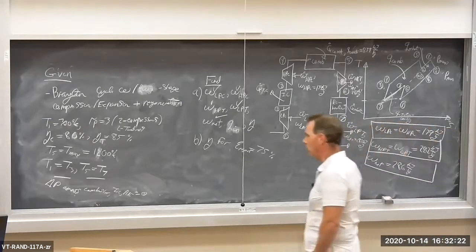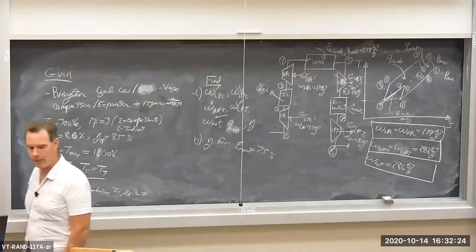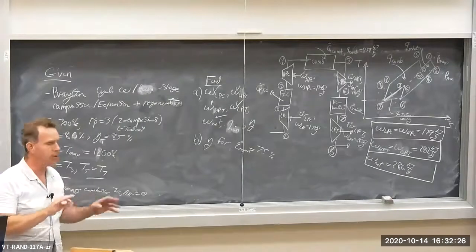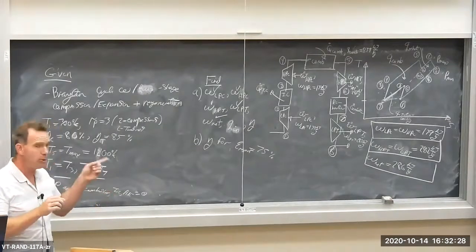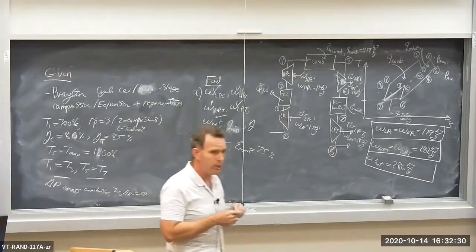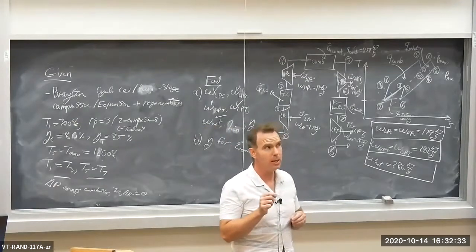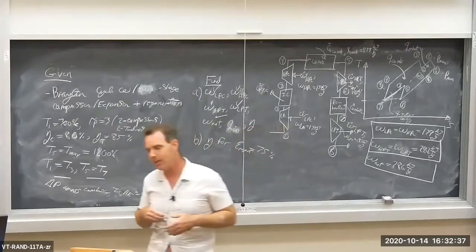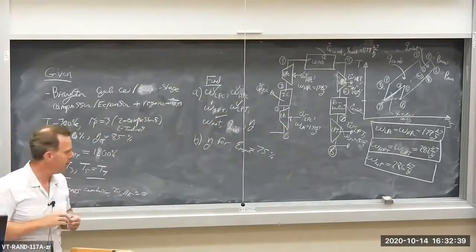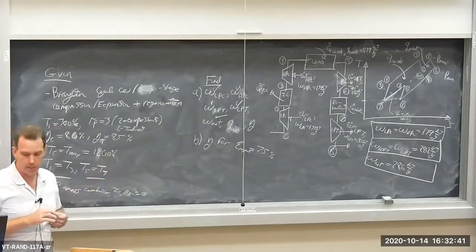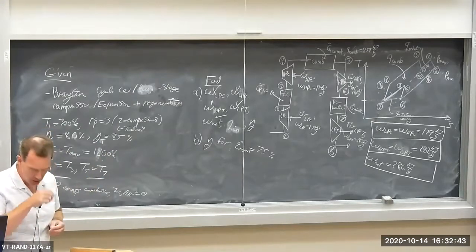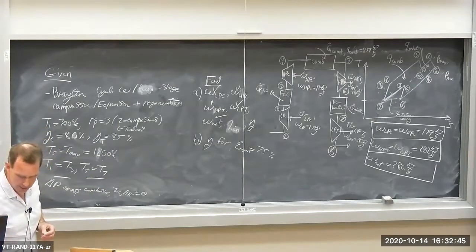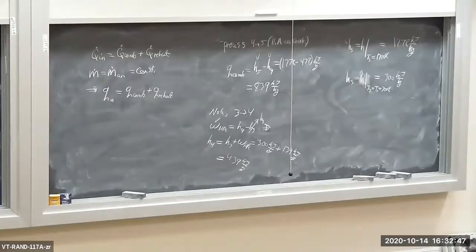So start drawing your TS diagrams. All this cycle stuff is only going to get worse. This is pretty serious. It may get a little more serious, but this is about as bad as it gets. You can't do this problem without a cycle diagram. Okay, so I have Q combustor now. Boom, done.